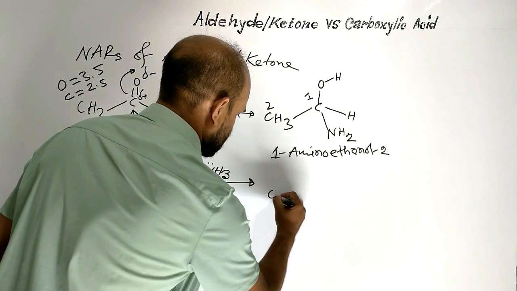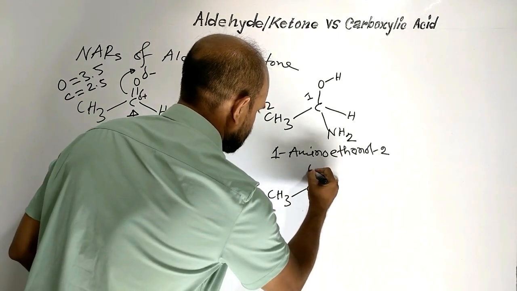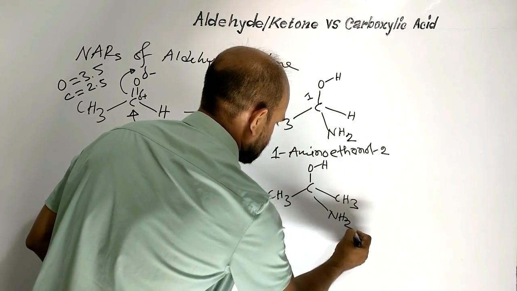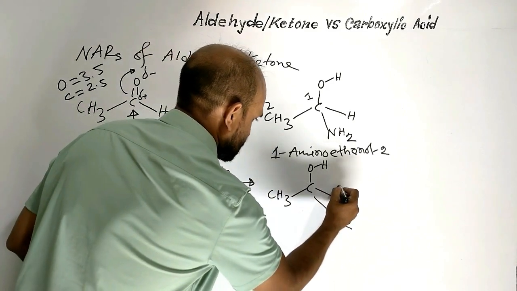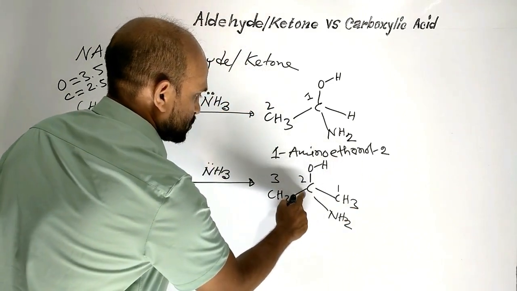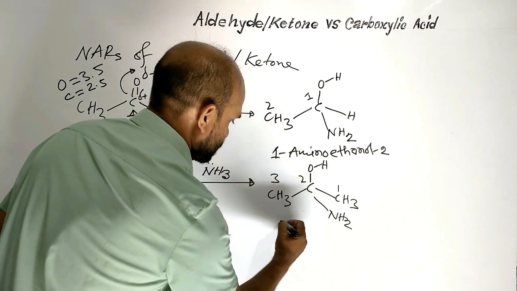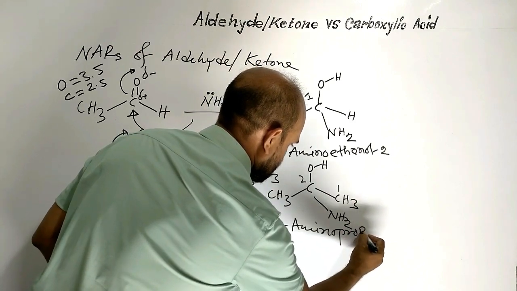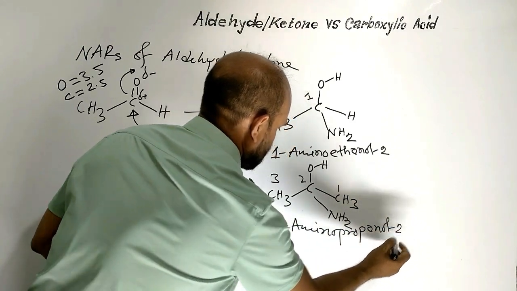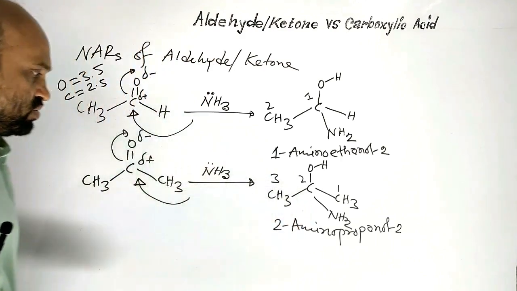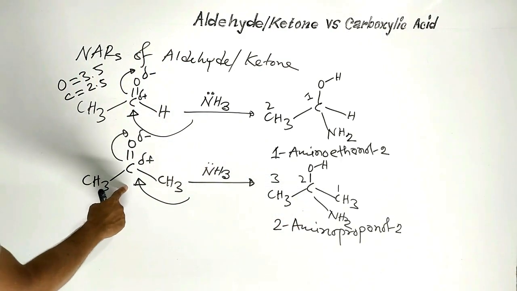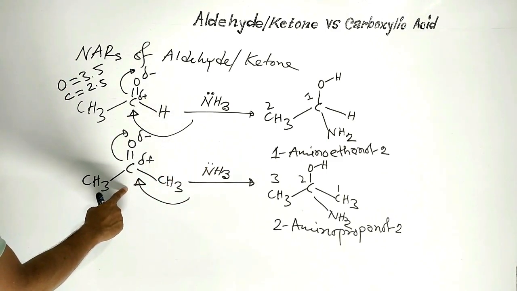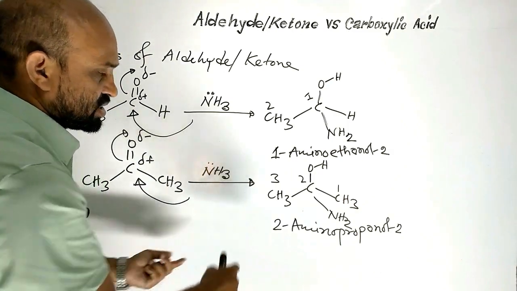As a result, this is formed. This is the final product. Its name is 2-aminopropan-2-ol. 2-aminopropan-2-ol is formed when ketone is treated with a nucleophile. That is, simply, ketone as well undergoes nucleophilic addition reaction.